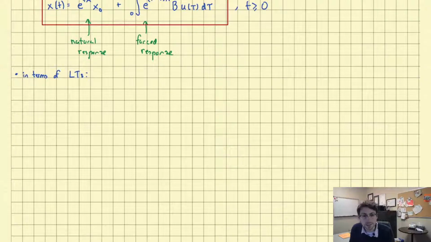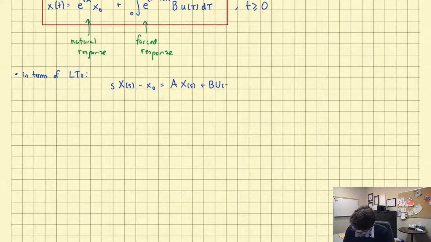Okay. So in terms of Laplace transforms, if I were to take the Laplace transform of that differential equation, we've seen this before. The only difference now is that I'm not setting the initial condition to 0. I want that natural response to show up. This is the same sort of thing that we did when we were going from state space models to transfer functions, but there, because we were looking at a transfer function, we assumed that the initial conditions were 0.